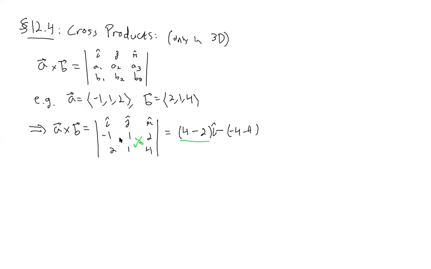And that's just coming from the -1 times 4, and the 2 times 2. You always, by the way, subtract the middle term. Right? Easy to forget this, but always subtract the middle term there.